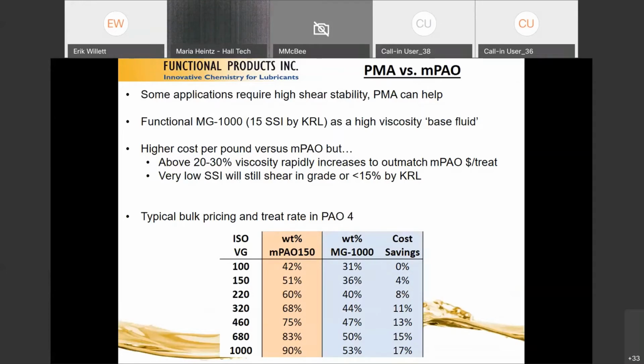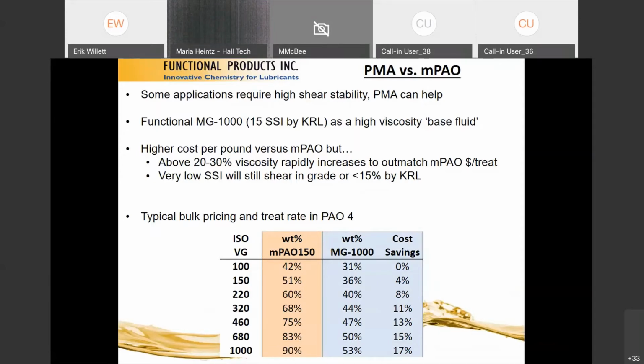So, mPAO or polybutene are going to get you very, very high shear stability. Your viscosity loss in 20-hour KRL might be 2 to 5 SSI with an mPAO or a polybutene. But your margin for formulating is, if it's shearing grade, you can go up to 20 SSI essentially and still be shearing grade.